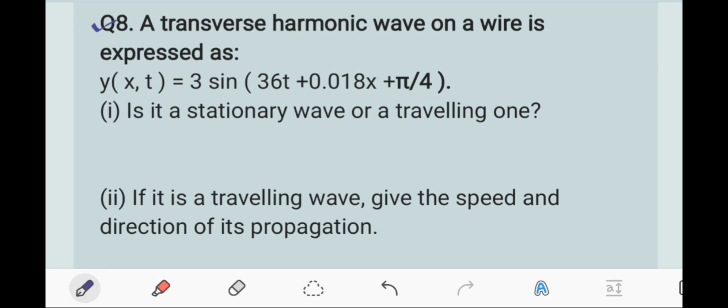Question number 8. A transverse harmonic wave on a wire is expressed as, this is the equation of the wave. Now the first part of the question says, is it a stationary wave or a traveling one?